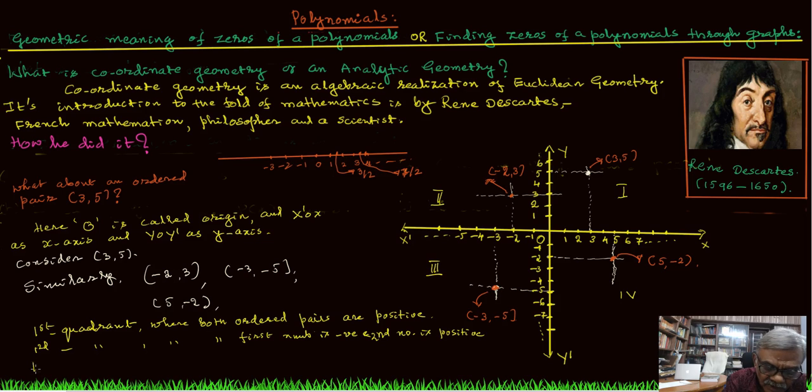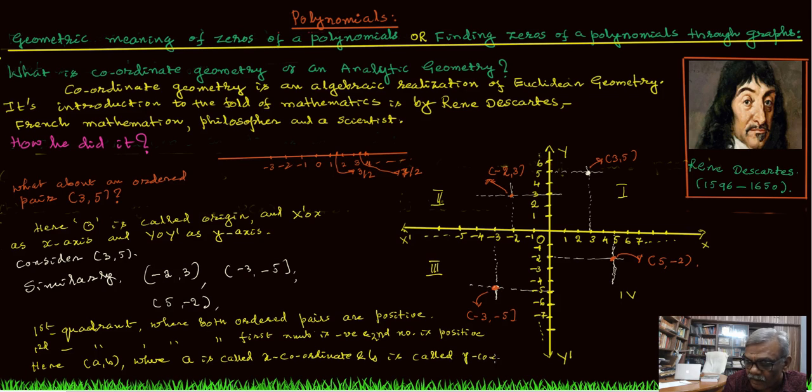Here, in an ordered pair (a, b), a is called the x-coordinate and b is called the y-coordinate, respectively.